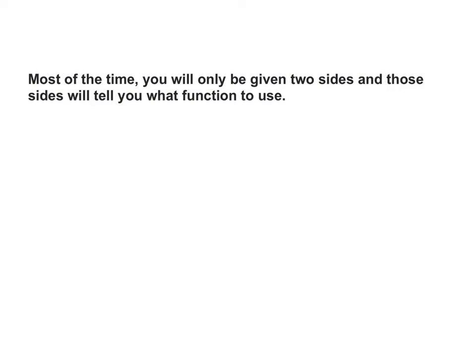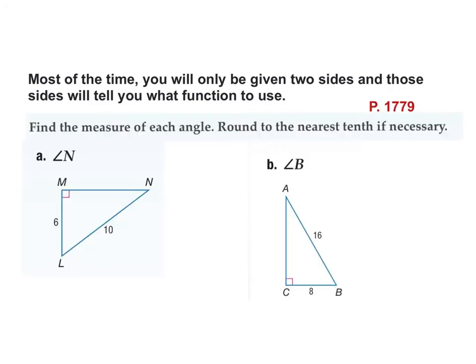So I've got two problems for you. Okay, and this is on page 1779 in your book if you want to use it there. But because in each of these two problems only two sides are given, you should use the function that is associated with those two sides. Okay, so let's go through A real quick and you'll get a sense of what I mean.